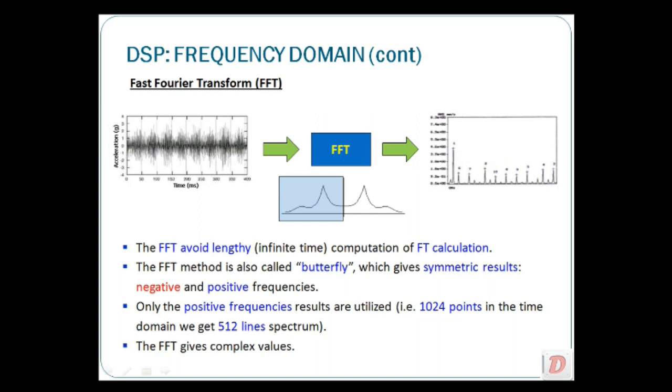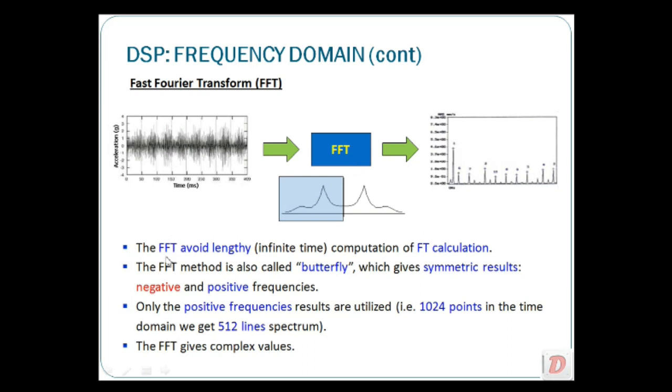Fast Fourier transform is basically the discrete Fourier transform with the highest capabilities of computing power, so it is now called fast Fourier transform. It is a type of discrete Fourier transform, so we are taking care of discrete signals in this case.